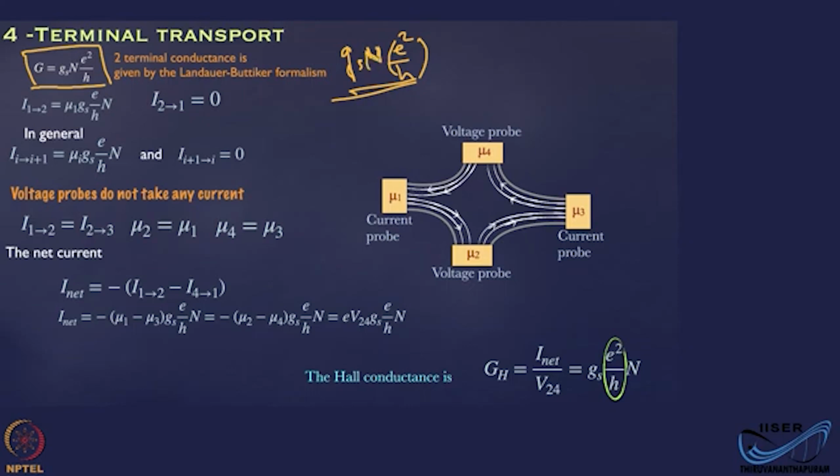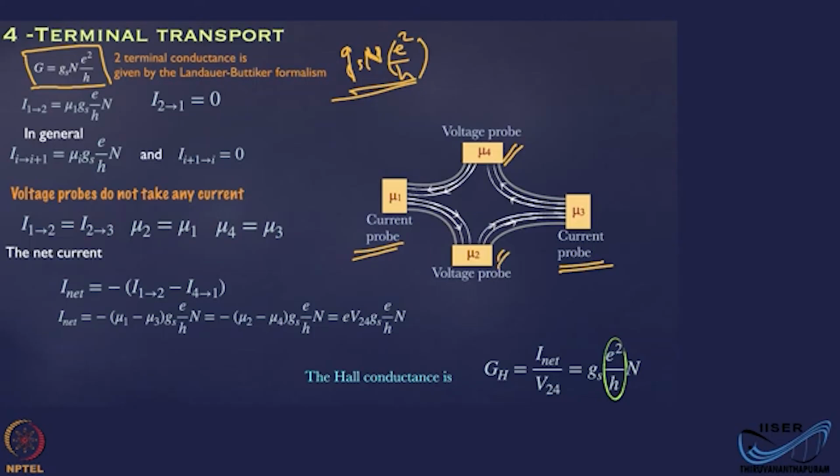Now, I have a system where I'm injecting and removing electrons between mu1 and mu3. It doesn't matter which direction you do it. Then I'm going to measure the voltage between mu4 and mu2, these two probes.